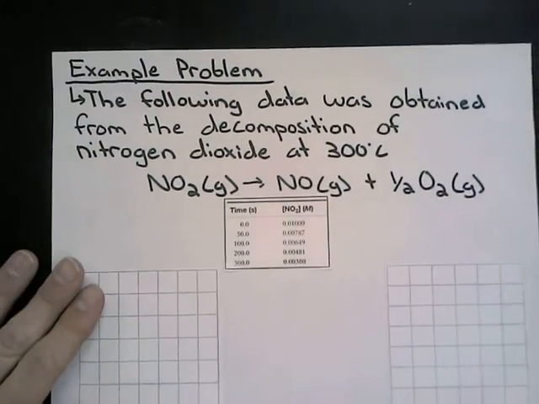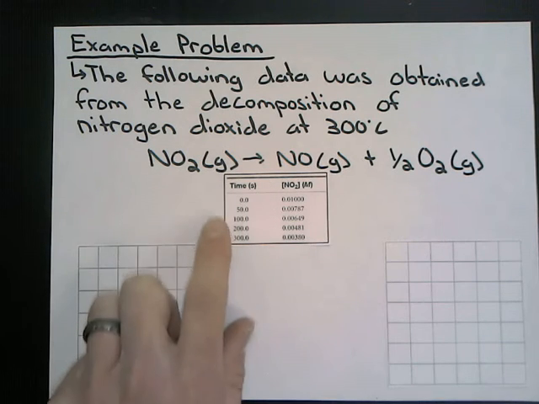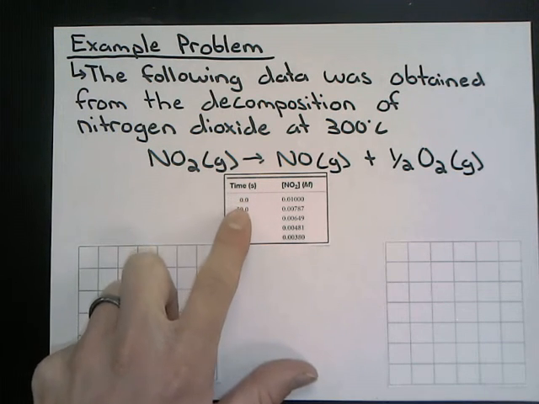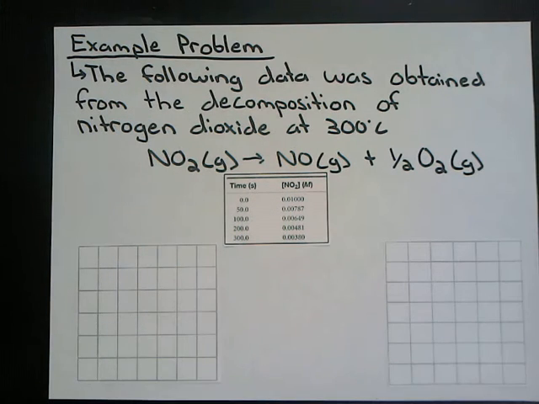So we have our example problem here. It says the following data was obtained from the decomposition of nitrogen dioxide at 300 degrees Celsius. We have this reaction here, and then we also have the time and the concentration of NO2. I'll give you a hint here that this is either going to be a first or second order reaction.